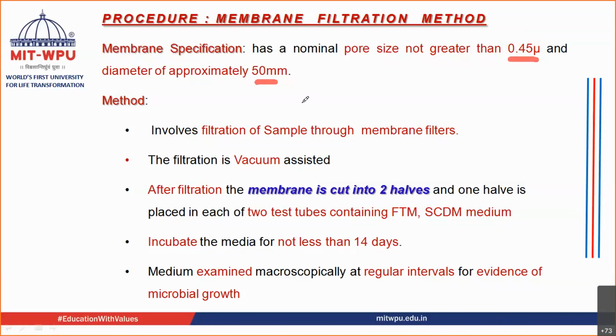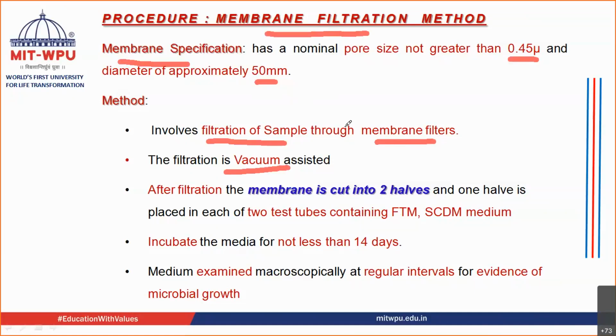You filter the sample through the membrane filter. Hence it is known as the membrane filtration method, because you are passing the sample, which is under test for sterility, through the membrane filter. This filtration is vacuum assisted, so you apply vacuum and withdraw all the contents.